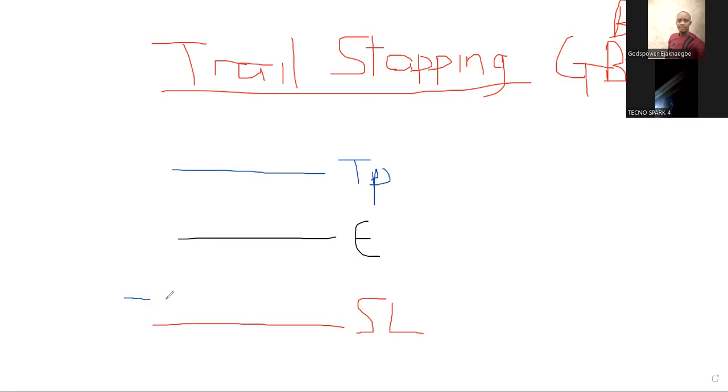Let's say this trade goes up, and coming here, the trade started consolidating. At this point, where this trade is consolidating, what you have here is $20.